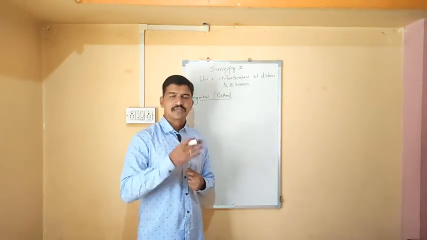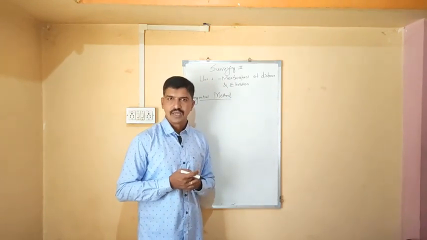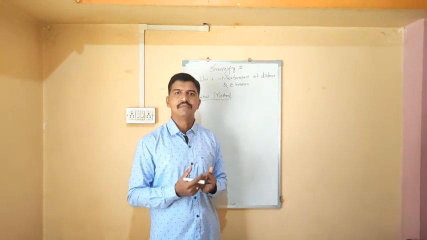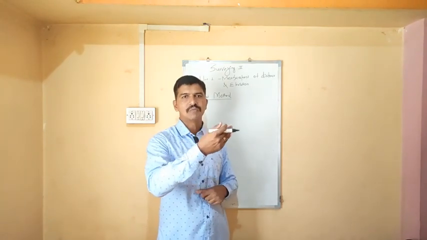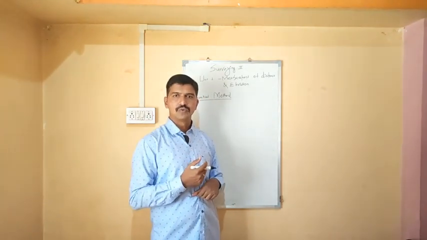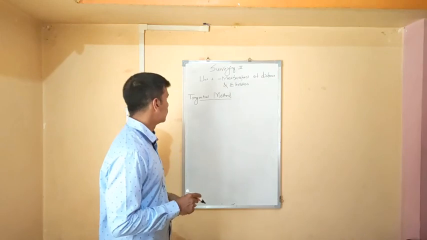Here, the staff consists of two targets and a theodolite. By using the theodolite, we have to bisect target number 1 and target number 2. Okay, so let us start with case number 1.